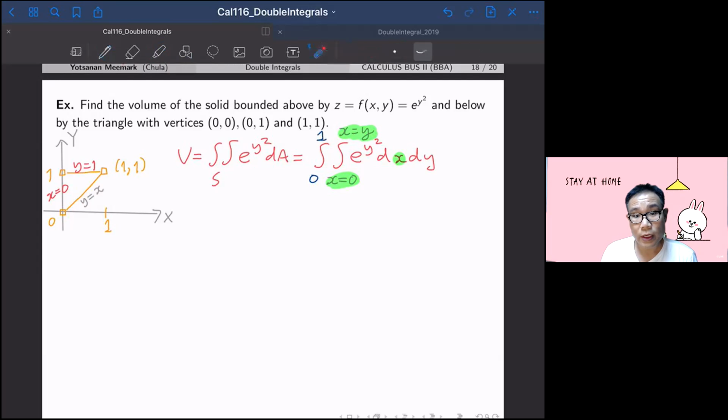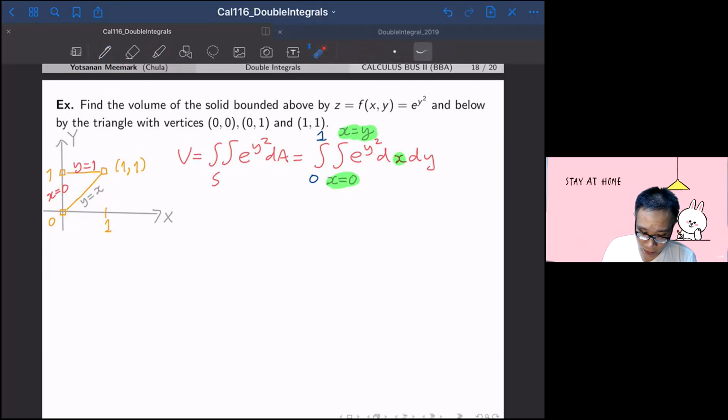How would I know y covers 0 to 1? See the picture. So this is going to be 0 to 1 for y. And how would I know x is going to be from 0 to y? Go run this way: x equal to 0 to the other side of the triangle.